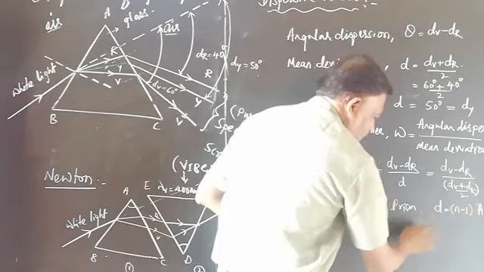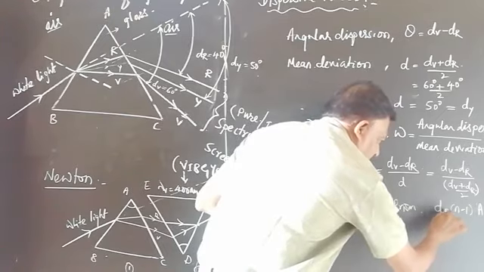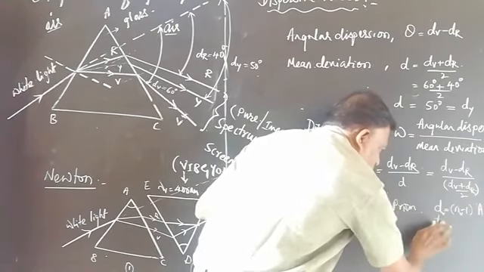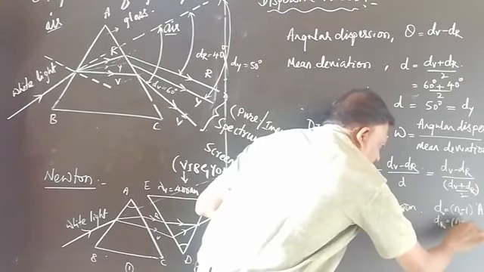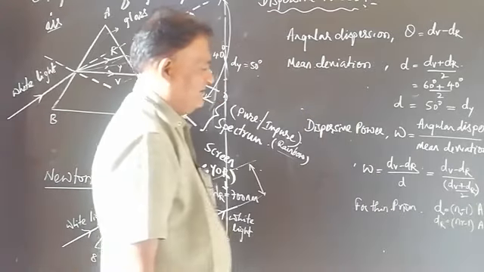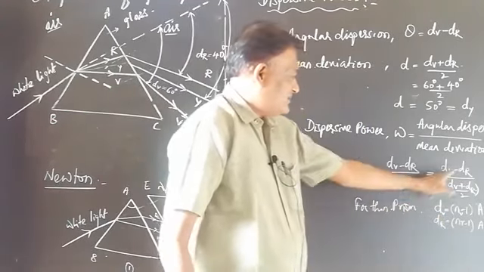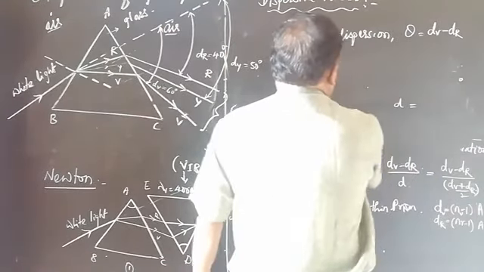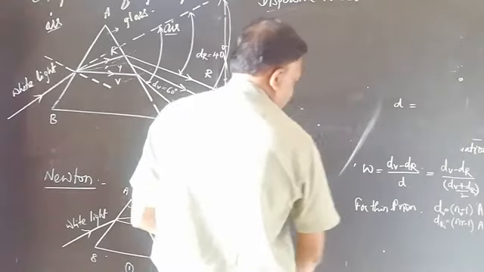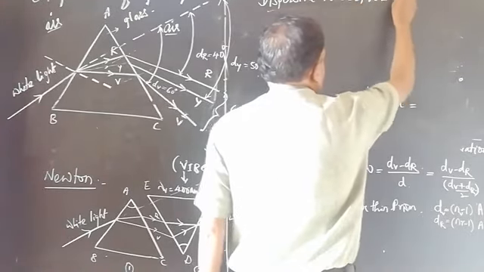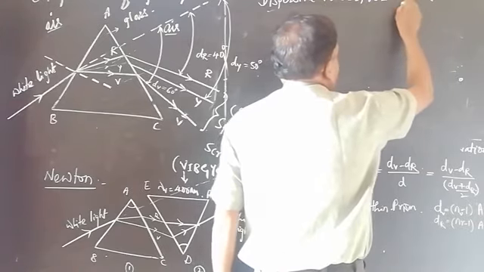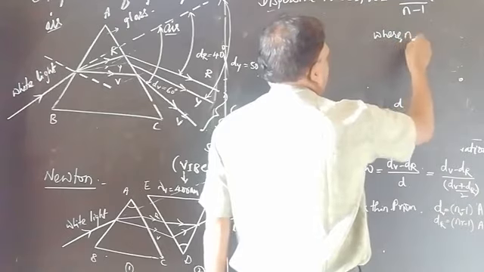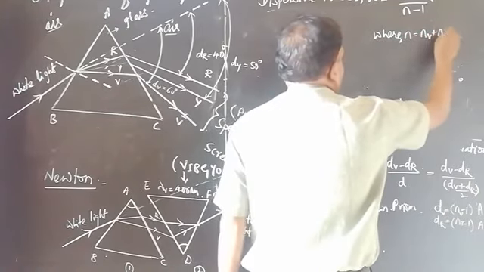In particular, dv equals nv minus 1 into A. Similarly, dr equals nr minus 1 into A. Substituting for dv and dr in this expression for dispersive power, we get dispersive power omega equals nv minus nr divided by n minus 1, where n equals nv plus nr divided by 2.